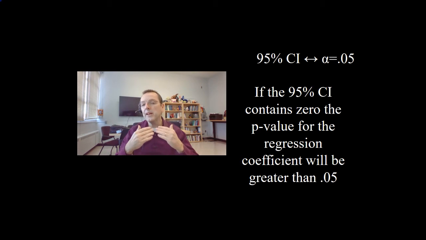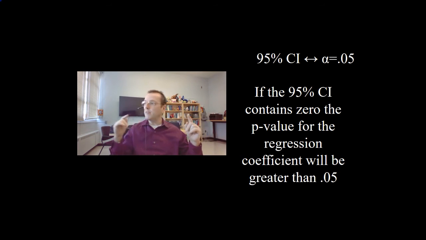They'll ultimately lead you to a similar place and similar conclusions, just in different ways and from a different perspective. But that's also why you generally want your alpha level and confidence intervals to agree.